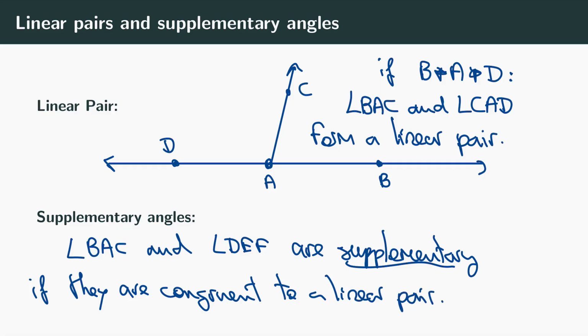So in other words, if the angle measures sum to 180. That's what this is telling us about supplementary angles. So supplementary angles have angle measures that sum to 180, and a linear pair is actually two angles in this geometric arrangement that I've drawn for us.